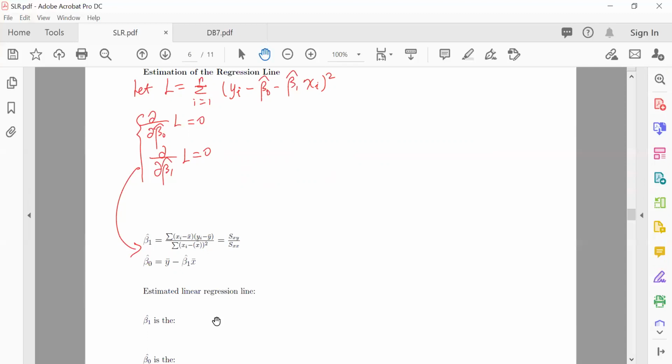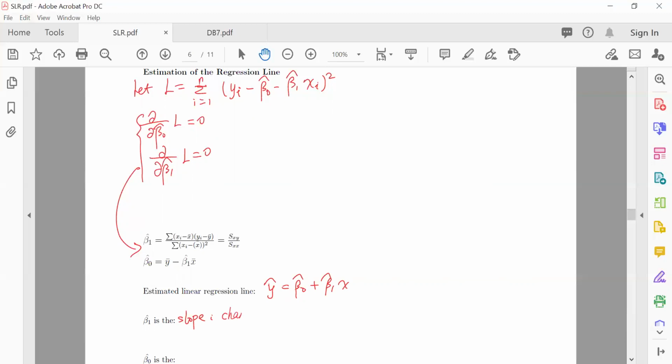So we have an estimated regression line. And beta 1 hat is the slope. The interpretation of the slope is that for 1 unit of change in x, there will be beta 1 hat units of change in the mean of y.